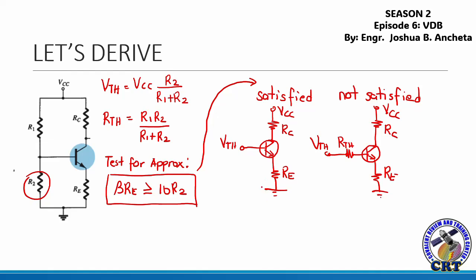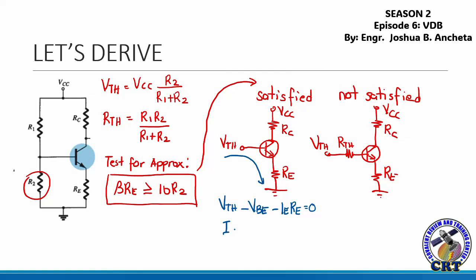Then, after that, we can now get the base emitter loop. For the base emitter loop of the first figure, this is VTH minus VBE minus IE RE equals 0.